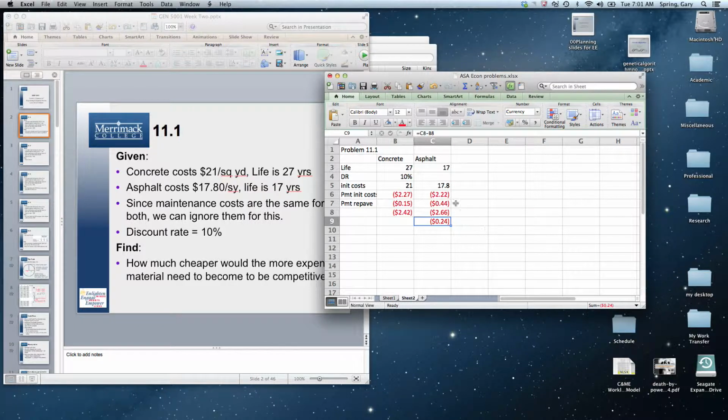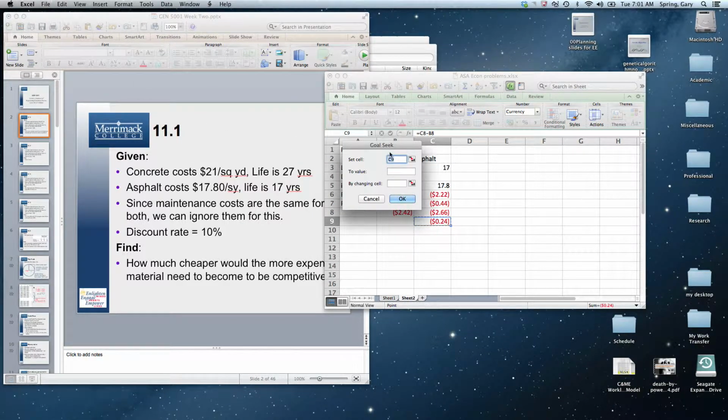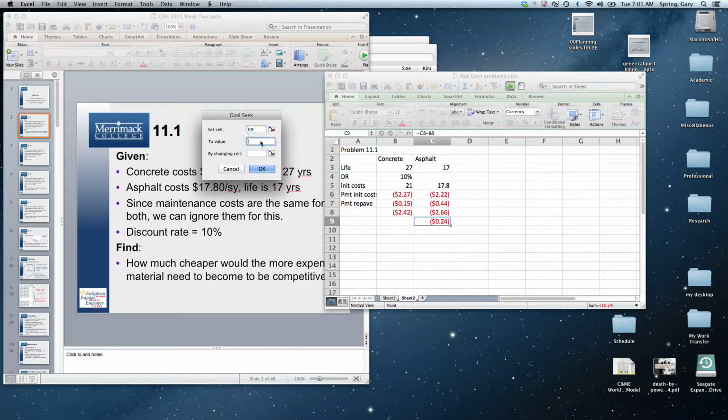So how much would it need to be reduced in order for that material to be competitive? And we can just use goal seek for that. So I want to set that difference to 0 by changing the cost of the asphalt.